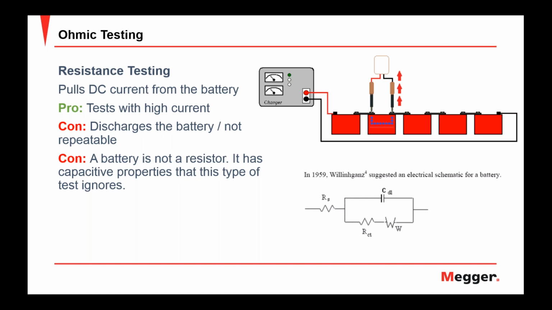You cannot retake it immediately. You have to wait for that battery to charge back up before you get the same reading. The other con to it is that a battery is not a resistor, as I discussed earlier. It does have a capacitive double layer in it, and this type of test will not measure the capacitive properties of the battery.